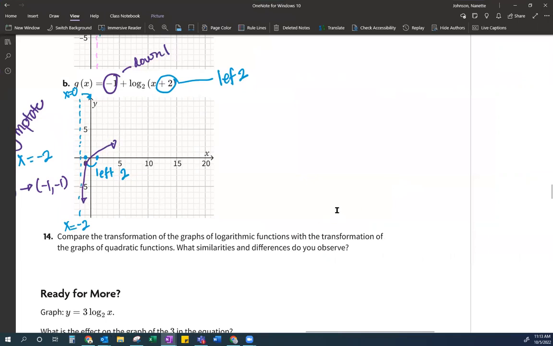Oh, sorry. Someone asked in the chat, they said, hey, Ms. Johnson, where did the point (-1, -1) come from? Can someone explain where we would get this (-1, -1) from?